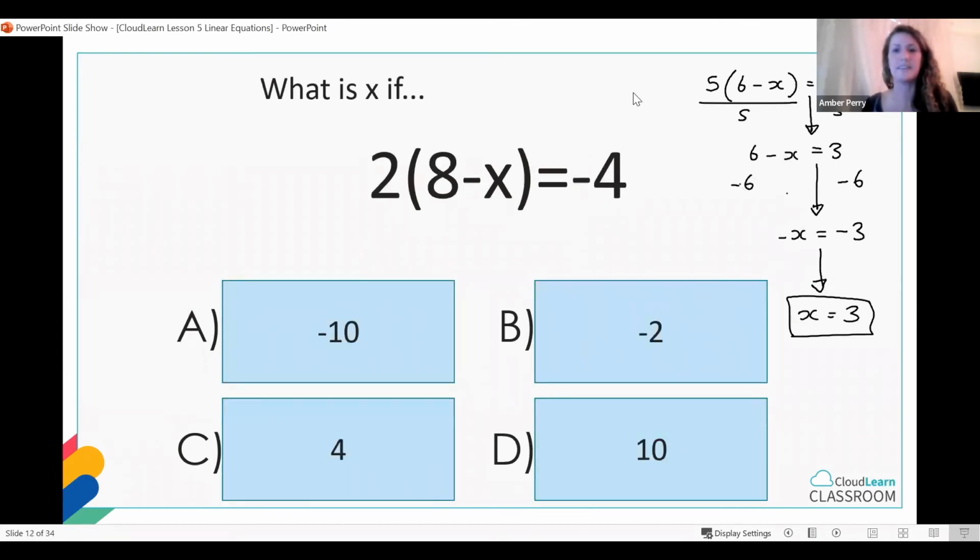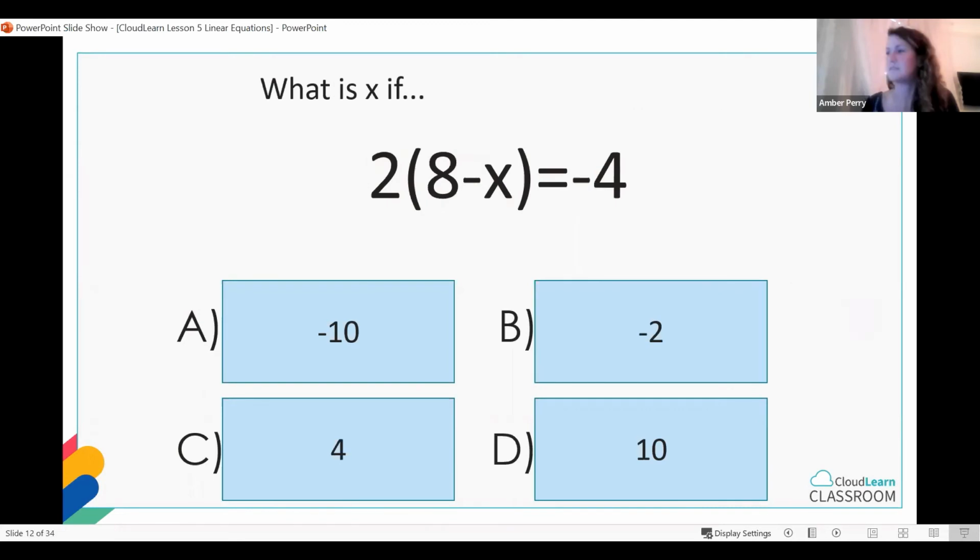So one more like that, just to have a go. Same thing, different numbers. Let's try and aim for everyone to get this one.